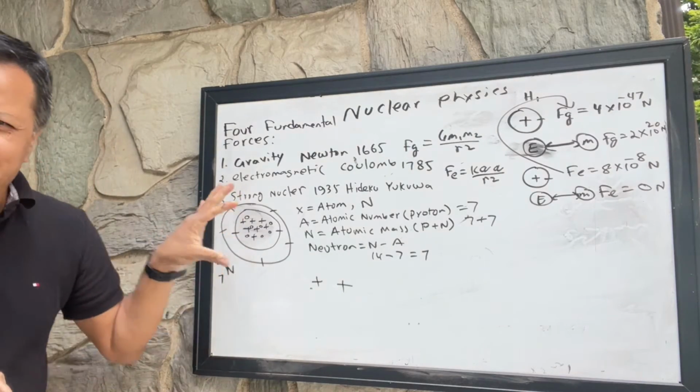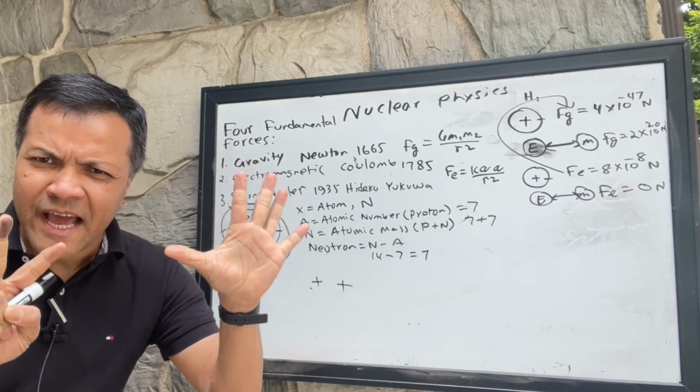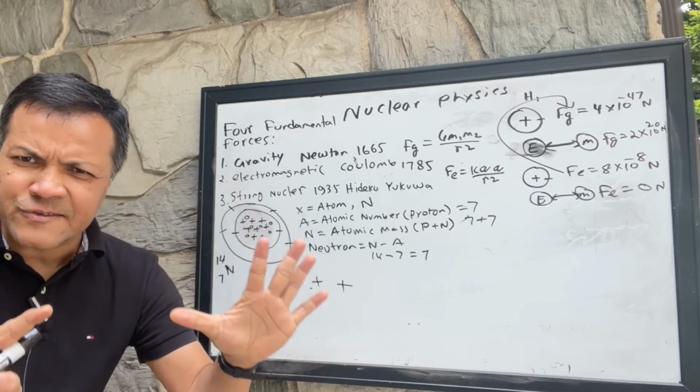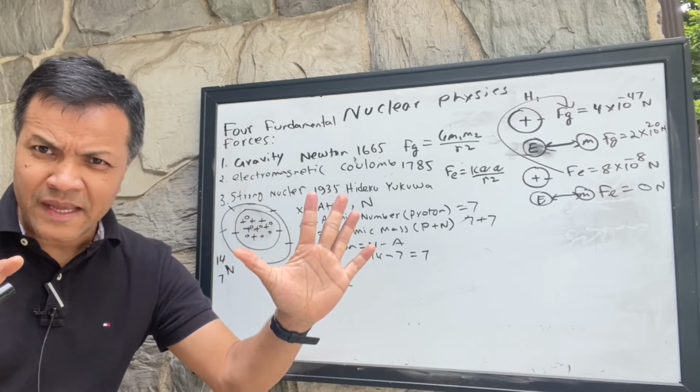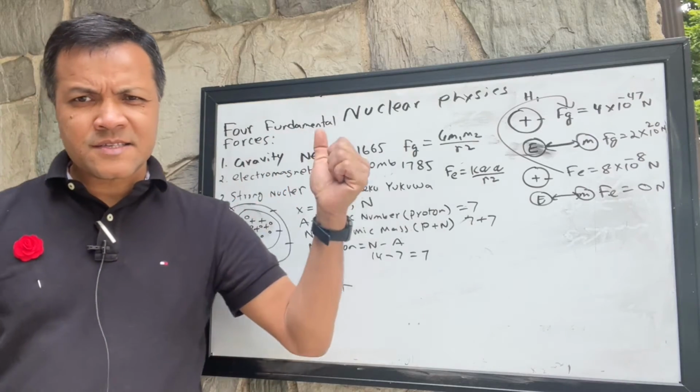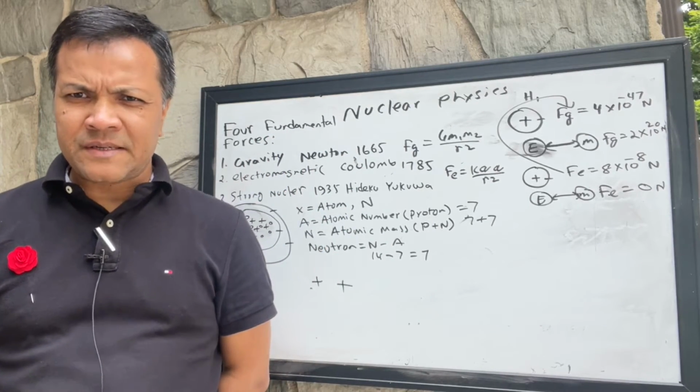Now there are 7, not only 2, there are 7 like charges sitting inside the nucleus of the nitrogen atom, and still it is stable. Why is that? We should be bothered by that.